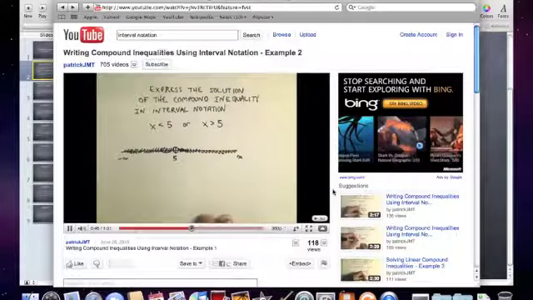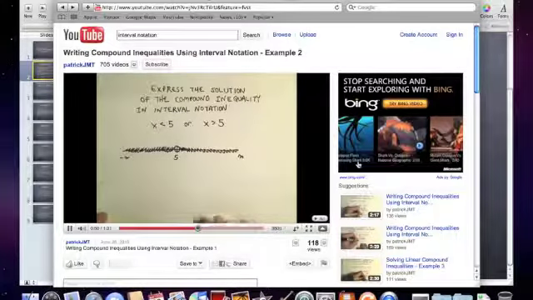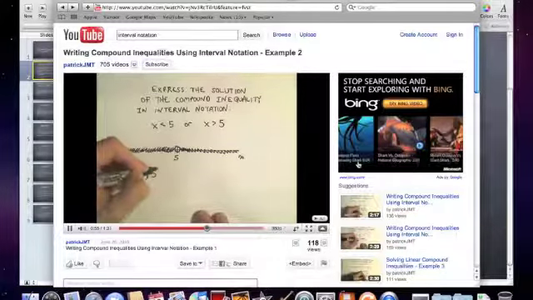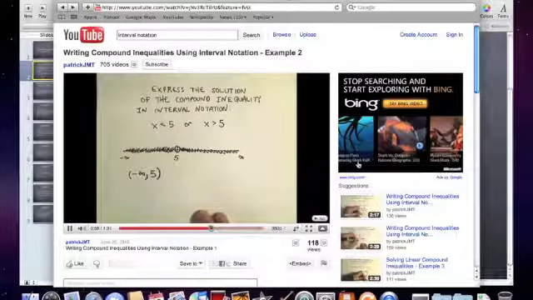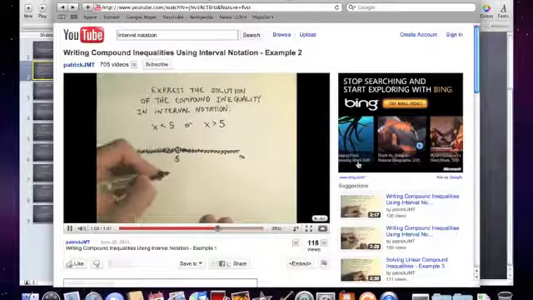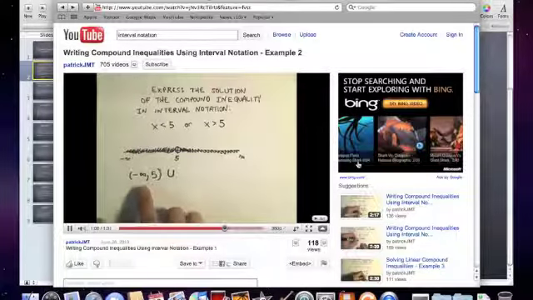So if I want to describe everything I have shaded using interval notation, it says we'll go from negative infinity up to, but not including, 5. And we can use this interval. Sometimes people will write the word or. Sometimes you'll see people write this symbol, this union. So it says we can go from negative infinity to 5.